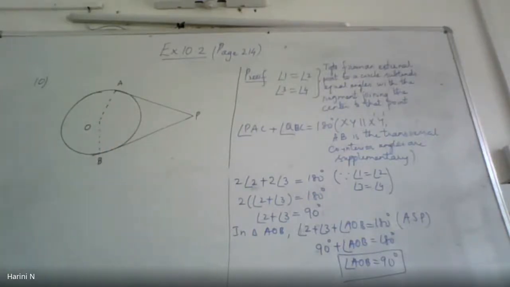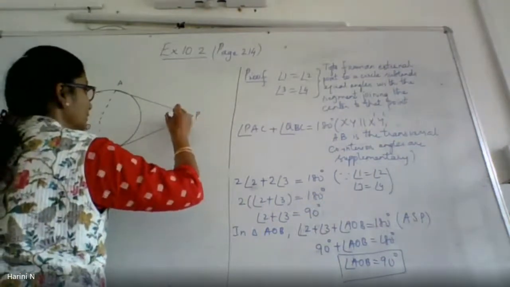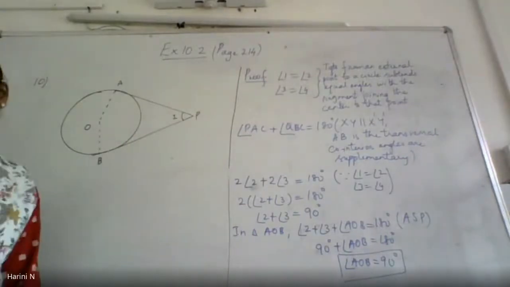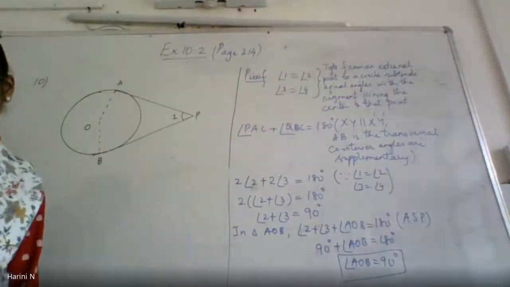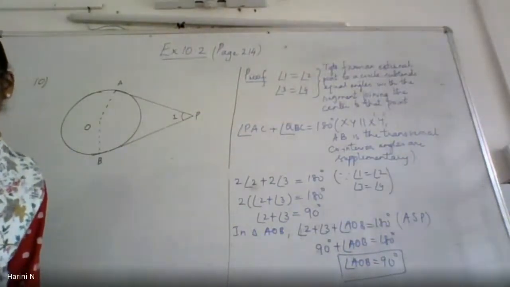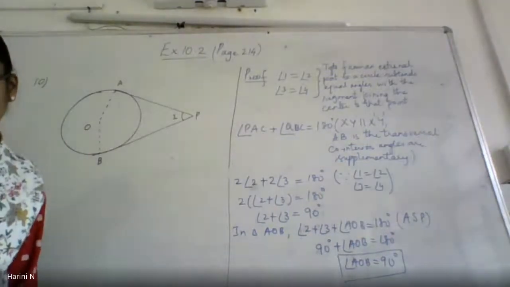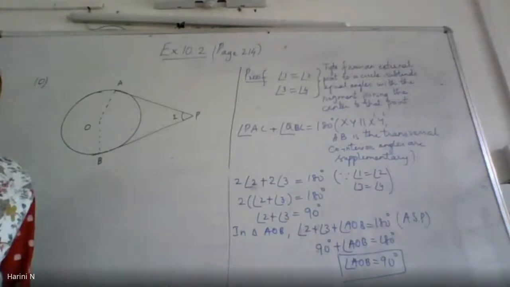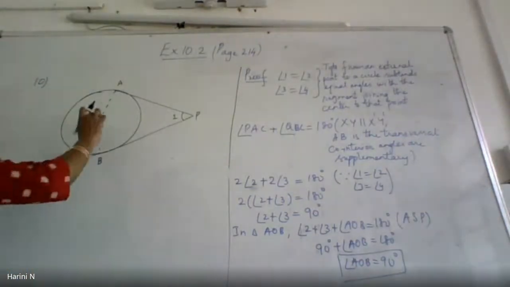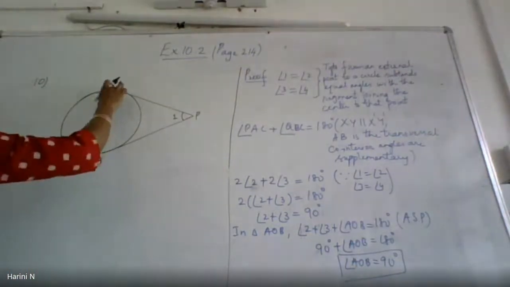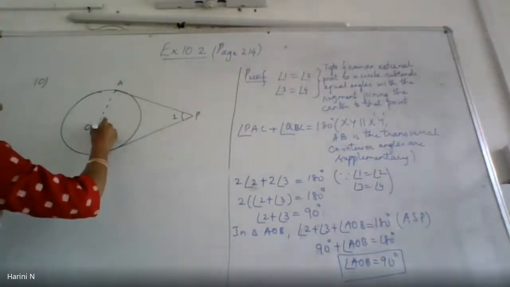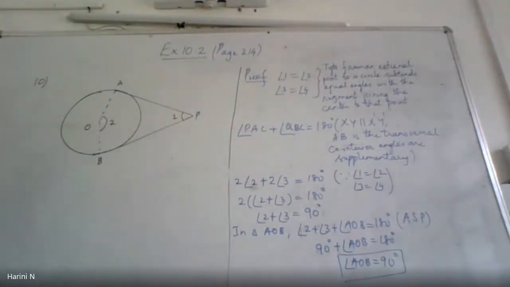I have to show that the angle between the two tangents, I call it angle 1, is supplementary to the angle subtended by the line segments joining the points of contact to the center. This is the angle between the two segments OA and OB.